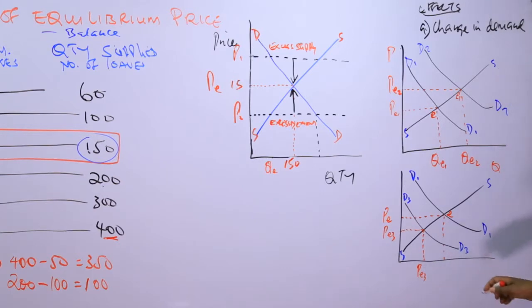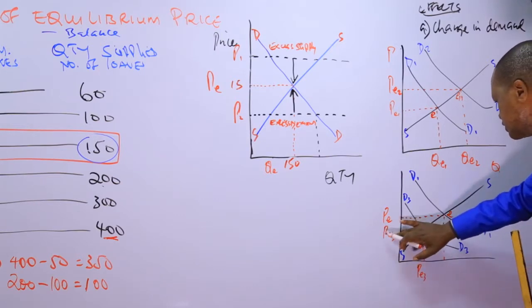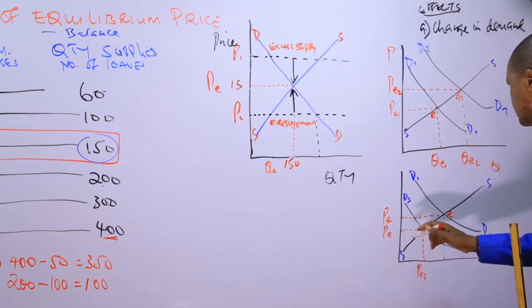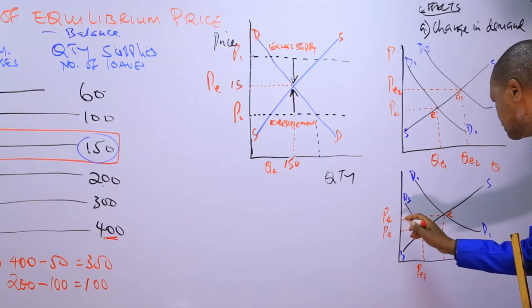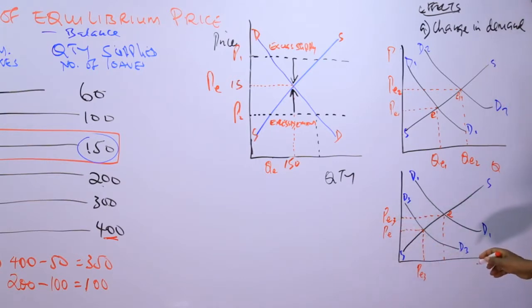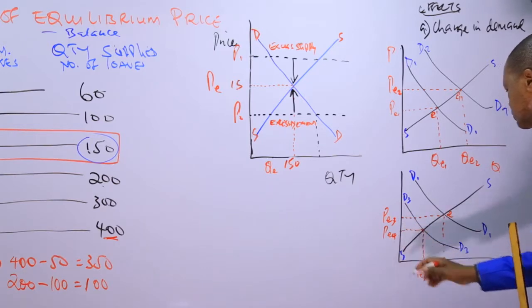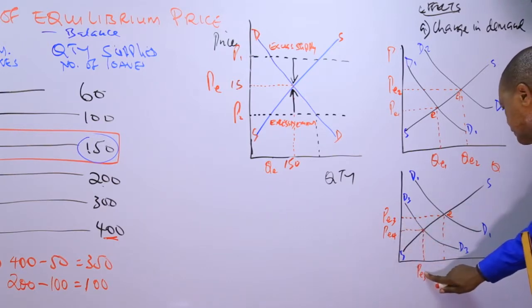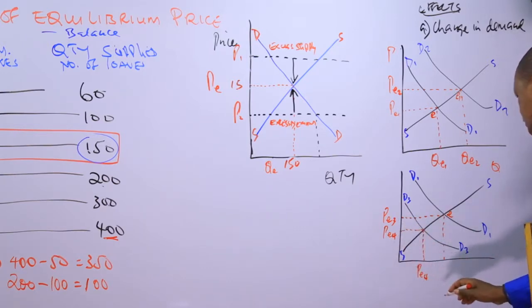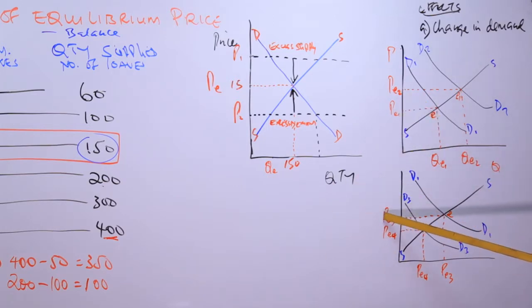This is PE3, then PE4. Okay, so that you can see here now.